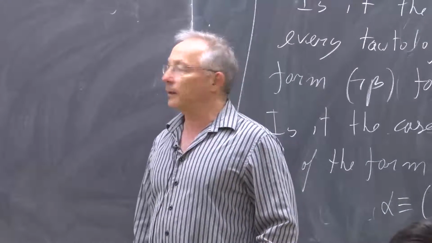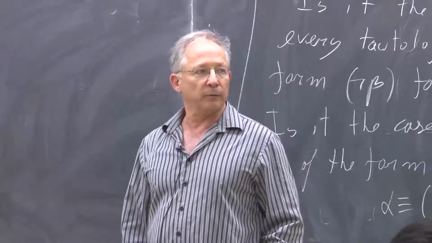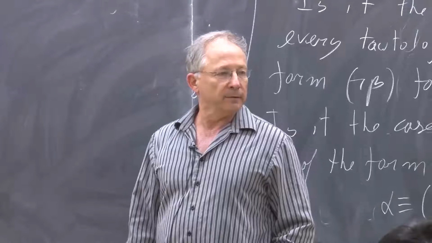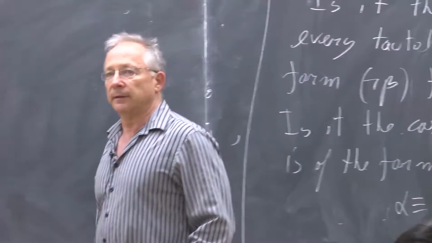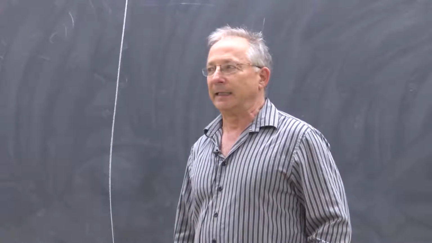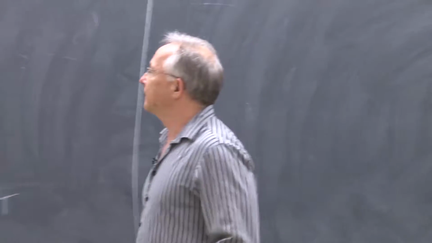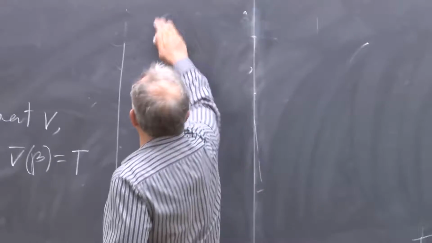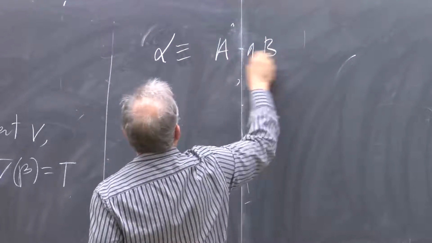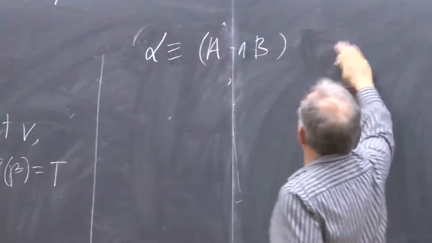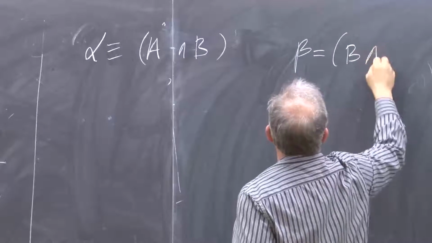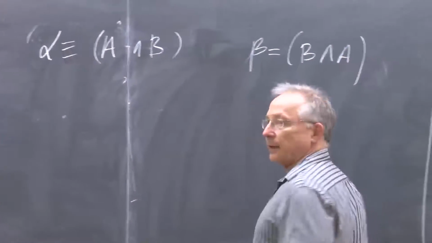So can you give me an example of such pair of formulas? Yes? A and B and B and A. So you claim that I'll take alpha to be A and B, and I'll take beta to be B and A. Right.